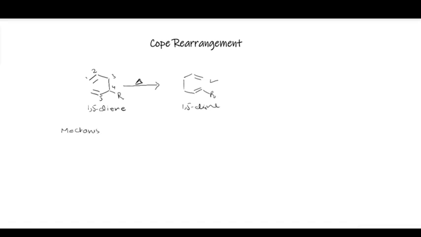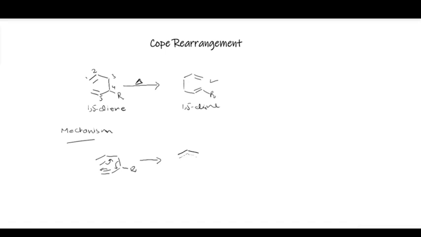Because it's a pericyclic reaction, it will go through a cyclic transition state. We have this diene, and the electrons rearrange in this fashion to form new bonds, and the older bonds are broken. So this double bond initially becomes a single bond, but in the transition state it is in the process of breaking.